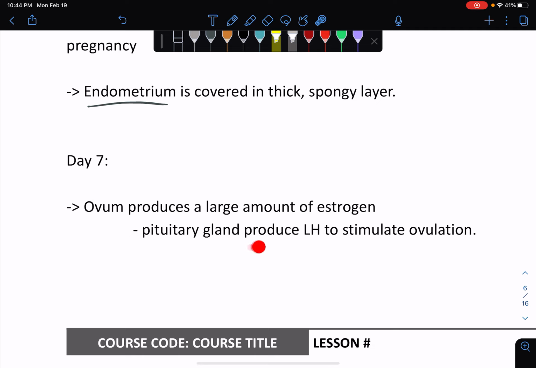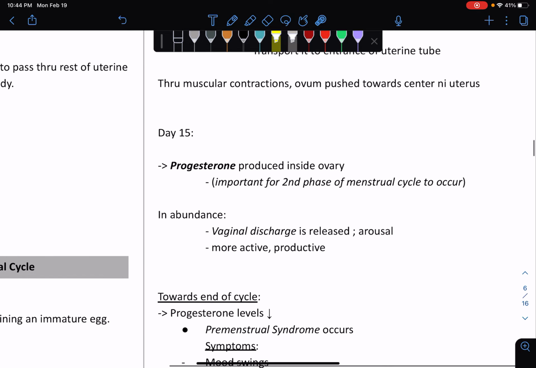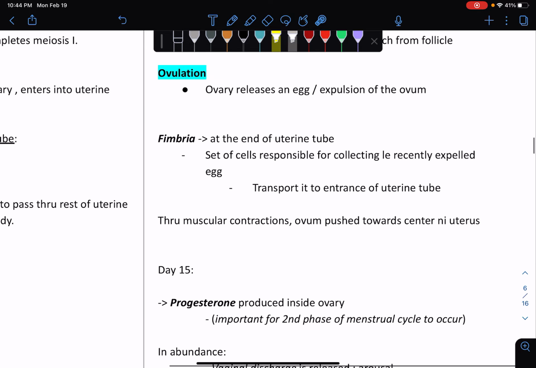The pituitary gland produces LH, or luteinizing hormone, in order to stimulate ovulation. Day 14, the luteinizing hormone begins to act on the ovaries. The dominant egg matures rapidly, and it eventually detaches from the follicle. And during ovulation, the ovary releases an egg, the expulsion of the ovum.